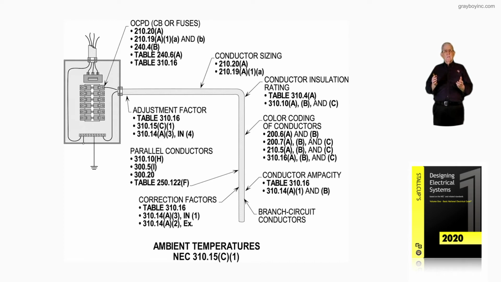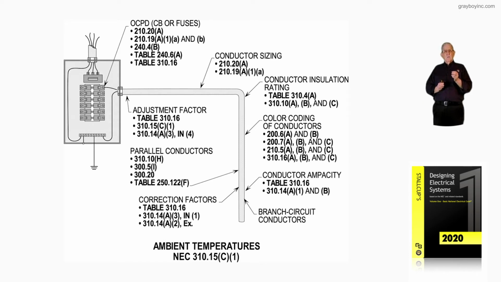So we're looking at 310.15(C)(1) for adjustment factors, 4 or more current carrying conductors in the raceway. But if you were routing it through a higher temperature than 86 degrees Fahrenheit, and basically speaking, by the approval of the authority having jurisdiction, 10% of the run, or they could hold you to 10 feet, whichever.